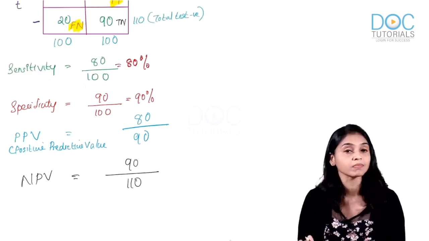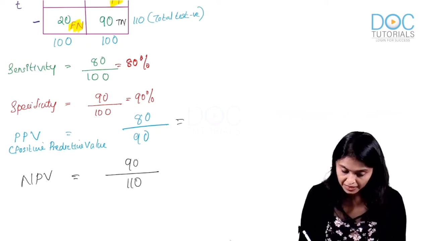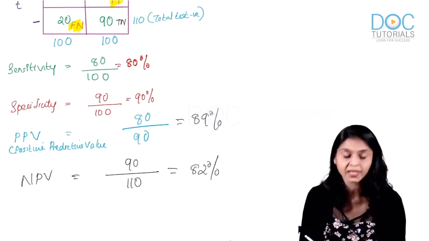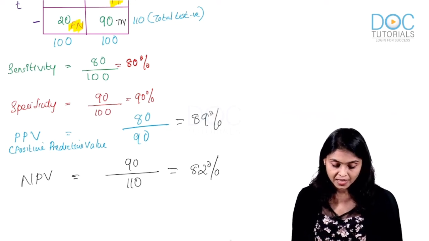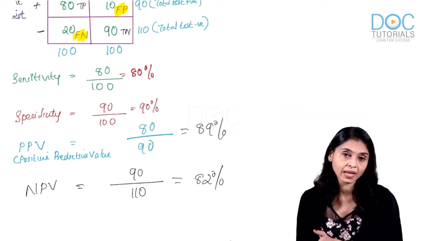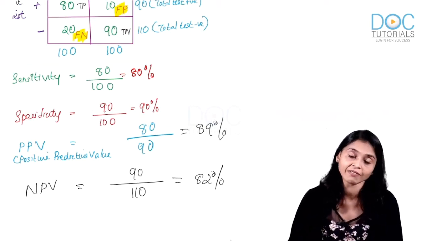Look at this. This is your negative predictive value. So this will be approximately 89% and this is approximately 82%. Are you with me? This is sensitivity, specificity, positive predictive value and negative predictive value. Positive predictive value means out of those who are positive, how many are actually having the disease.